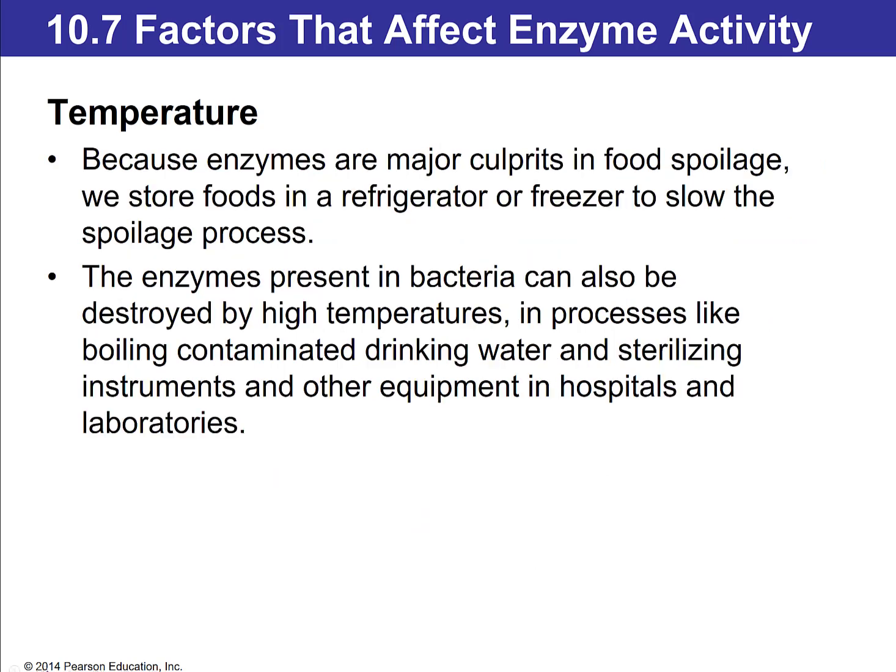Good example of this is temperatures that are associated with food spoilage. Most microbes that contaminate your food may have been present in your food to begin with. Like if you have spinach or anything that grows in the ground, even if you rinse, you're still not going to sterilize that food.